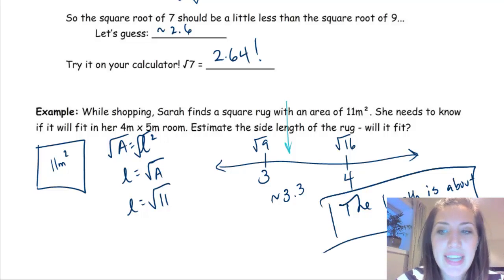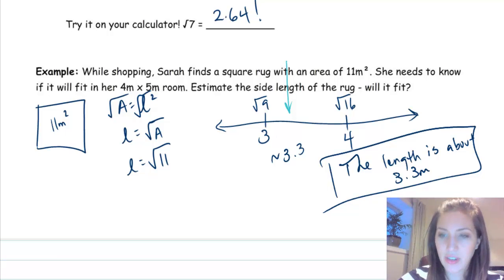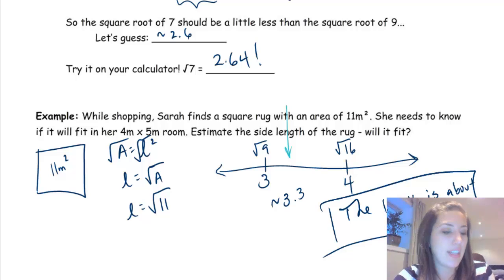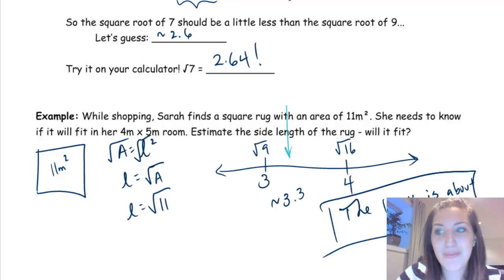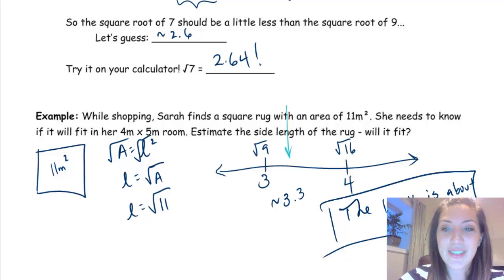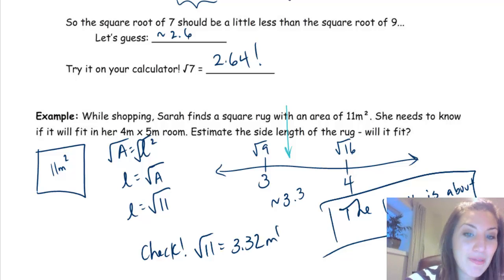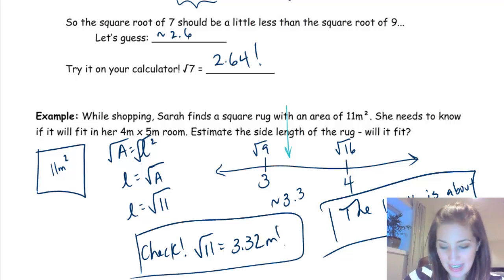Now, if we wanted to actually calculate the answer, we could plug in the square root of 11 on our calculator. So I'm going to put 11 and then do the square root sign, and I get 3.316. That's pretty good. So if we check, the square root of 11 is actually about 3.32 meters. Wow, that's amazing.